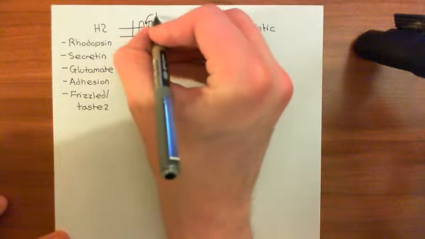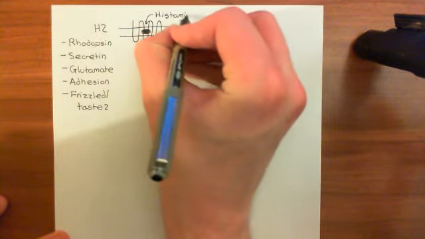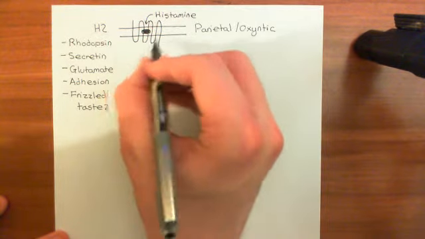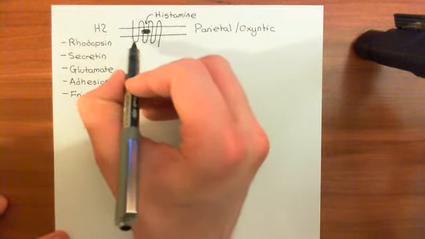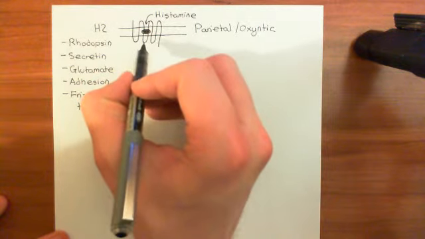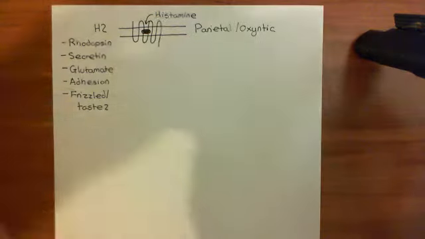Okay, so when histamine comes in, it will interact with residues in the membrane-spanning alpha helices, and what it will trigger is a conformational change in this histamine 2 receptor, such that the histamine 2 receptor can now interact with a heterotrimeric G protein. Now, the change will occur on these 3 intracellular loops.